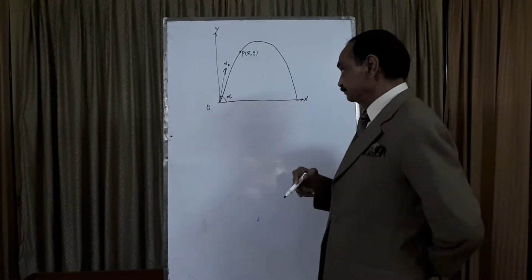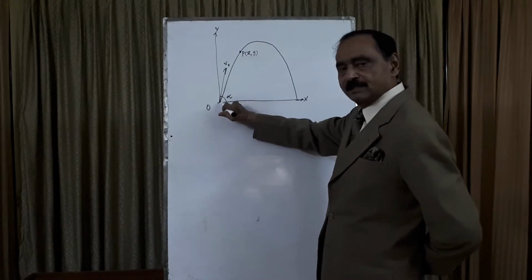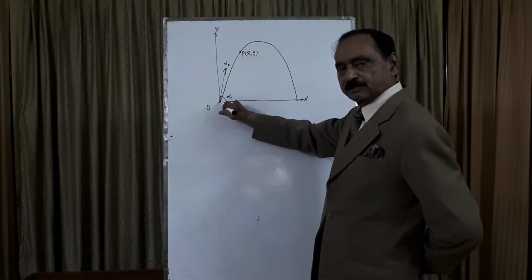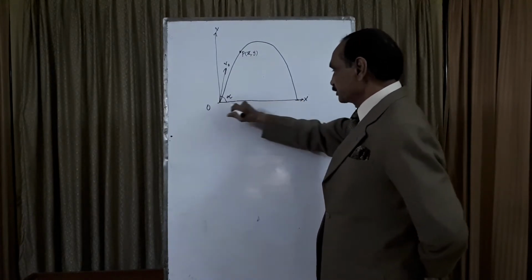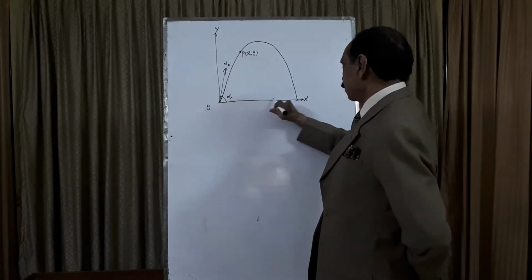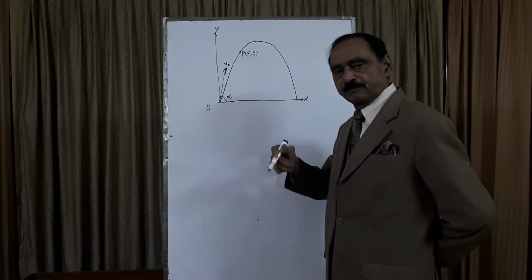in time t. We are going to find the total horizontal distance covered by the projectile from rest to rest. Of course, this is the distance covered along the x-axis. So, it is covered in the total time of the flight.